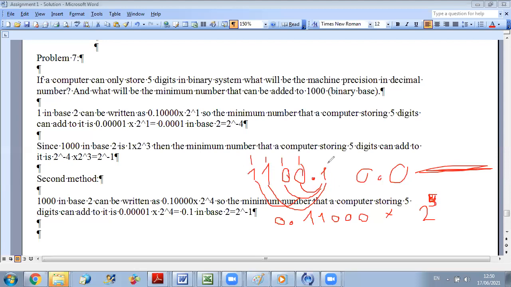Okay, and I move them back, the 0. point, so 2 to the power 4. What is the minimum number I can add? 0.0000, if I put 0 here I cannot see anything; at least it should be 1. Okay, so the minimum number that I can add to this one is 0.00001, which is 2 to the power minus 5, times 2 to the power 4, which is 2 to the power minus 1. Okay.